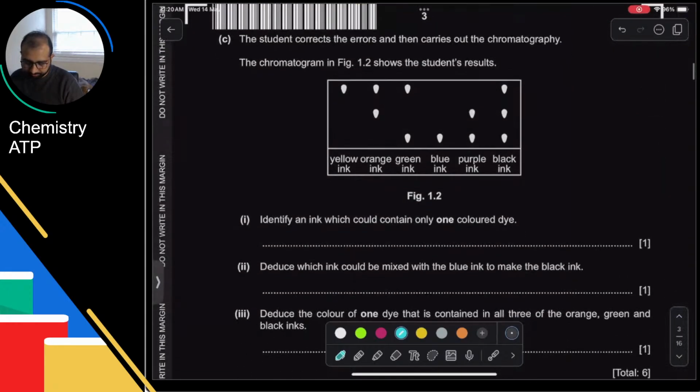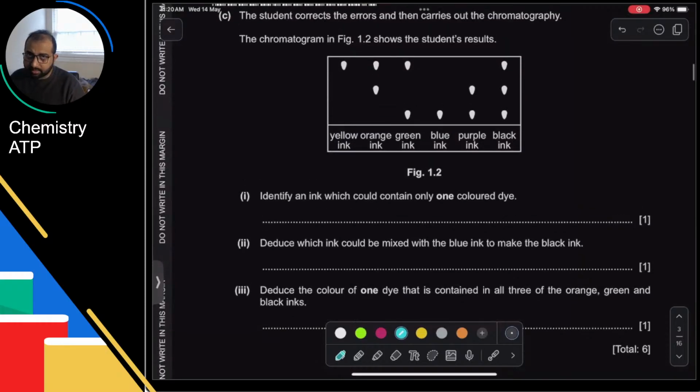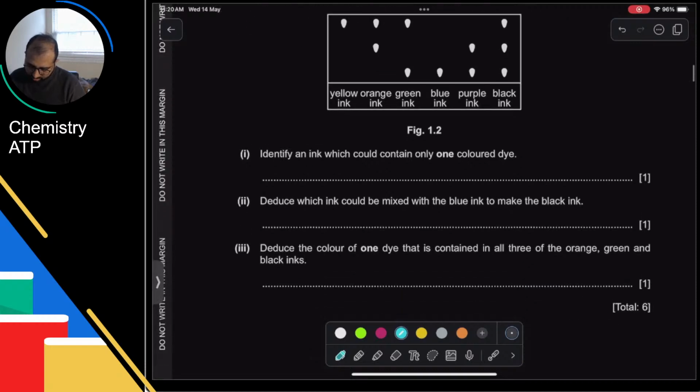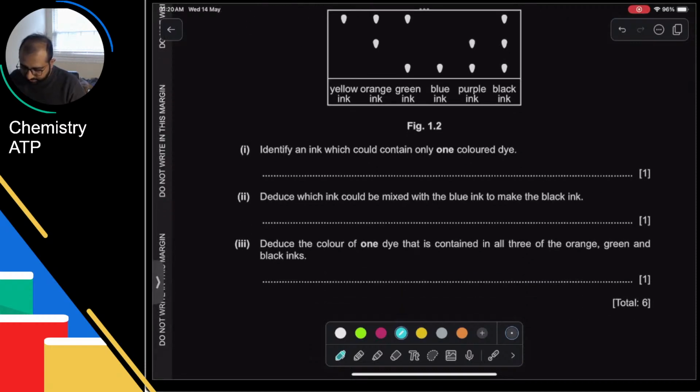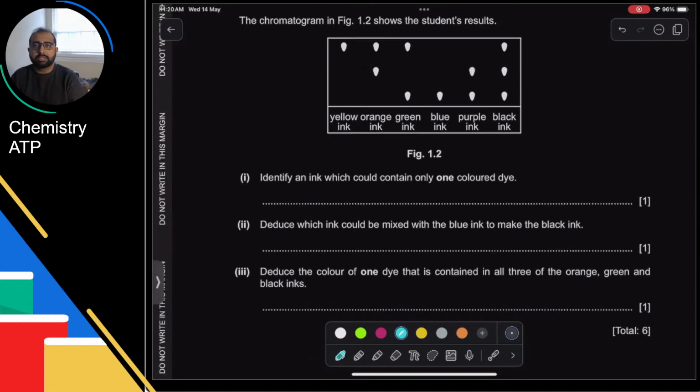Alright, moving on. The student corrects the errors and identifies the ink which can only contain one color dye. Basically what happens in chromatography is that they split up, and what you get is all of these different dots based on what the ink was made from.